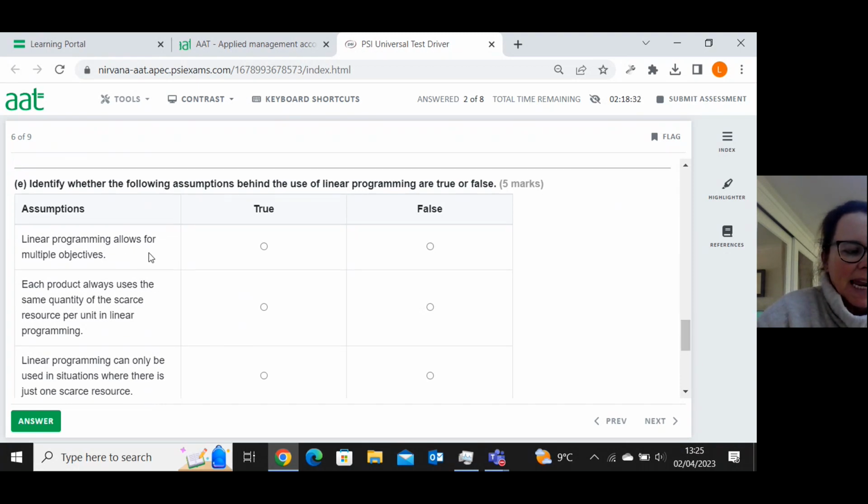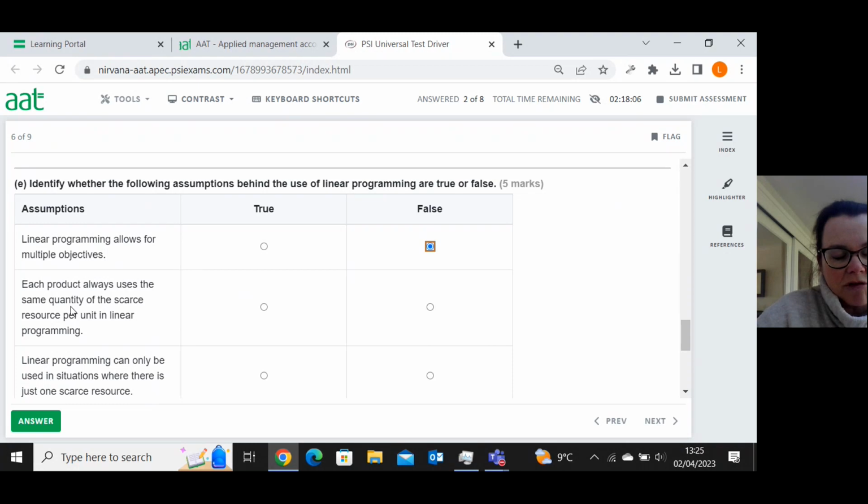Linear programming allows for multiple objectives. No, you have one objective, which is usually to maximise the contribution. You will have multiple limiting factors, but only one objective. Each product always uses the same quantity of the scarce resource per unit.